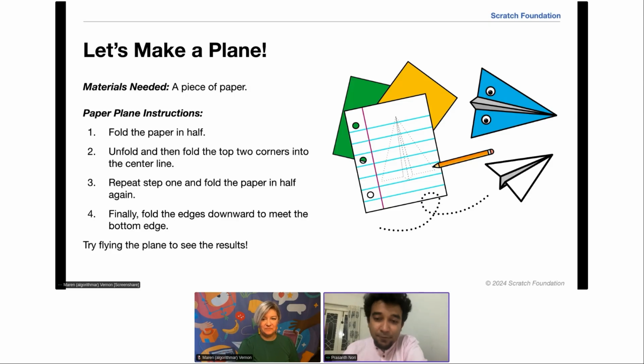Fold then unfold, and then fold the top two corners to touch the center line. Then repeat step one and fold the paper in half again. Finally, fold the edges downward to meet the bottom edge.